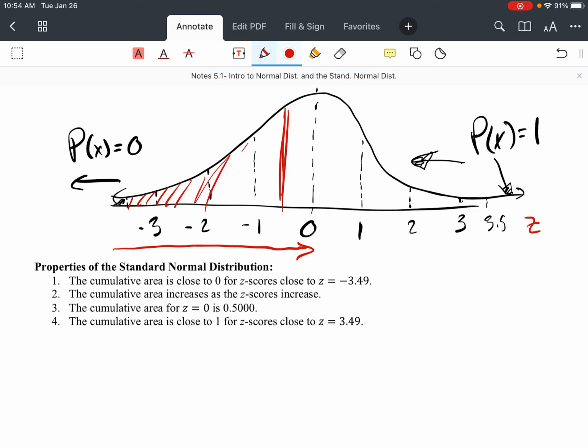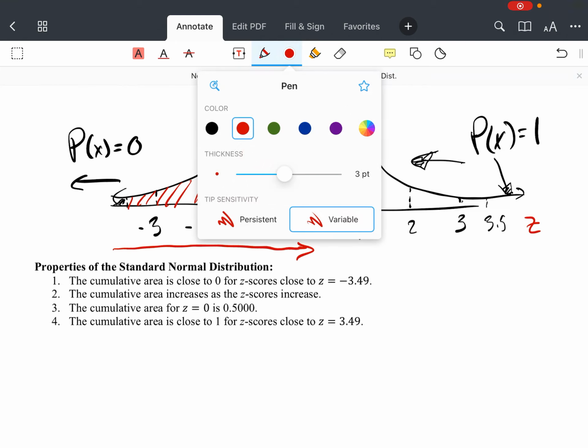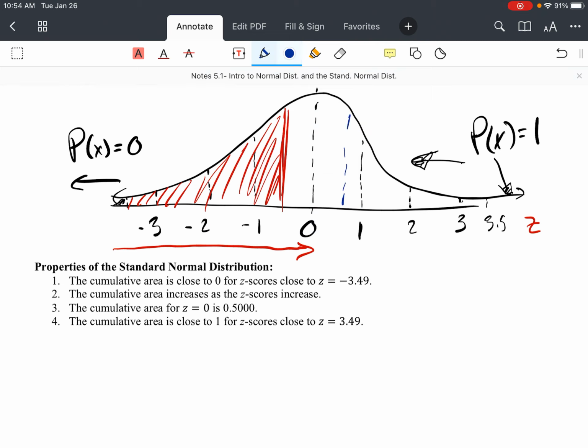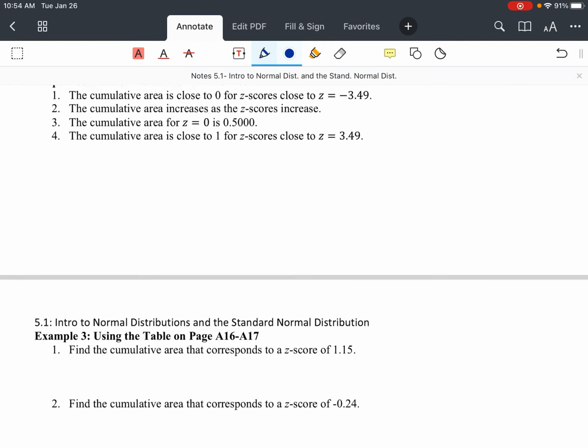So that makes sense that if I were to calculate the area back here, and then I were to calculate the area behind this blue line, the blue area actually has more coverage than what the red does. And I'll explain more of that whenever I'm in class next week.